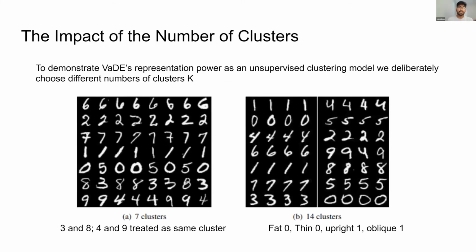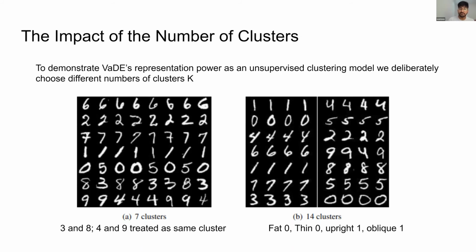In this slide, we are going to discuss the impact of the number of clusters. To demonstrate VADE's representation power as an unsupervised clustering model, we deliberately choose different numbers of clusters K. The MNIST dataset has 10 classes.